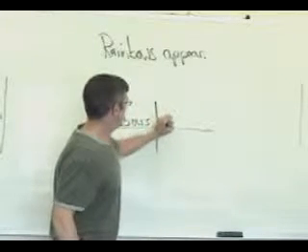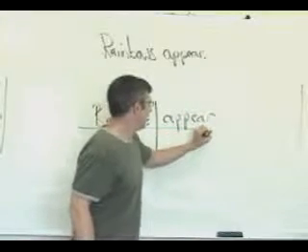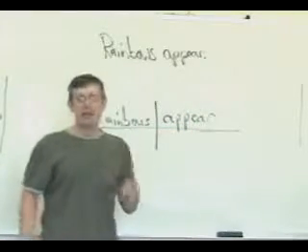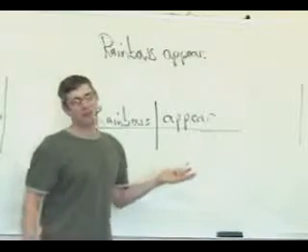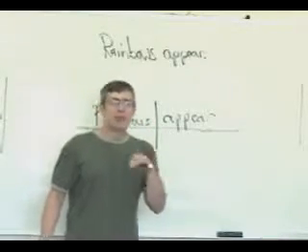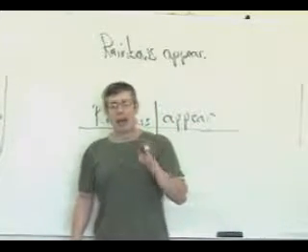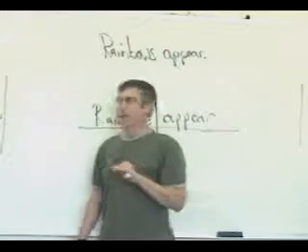So the verb here is appear. And that is the complete diagram of this very simple sentence. Rainbows appear. But we can go on with things we've learned already about adverbs and adjectives.